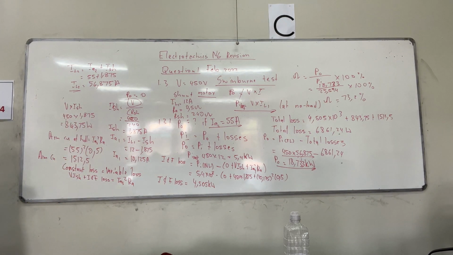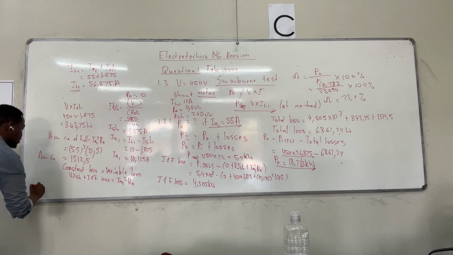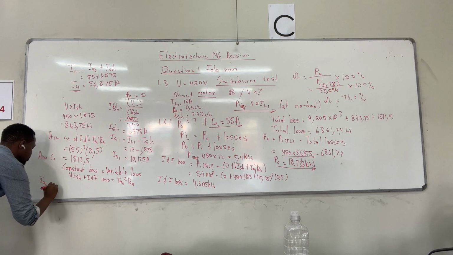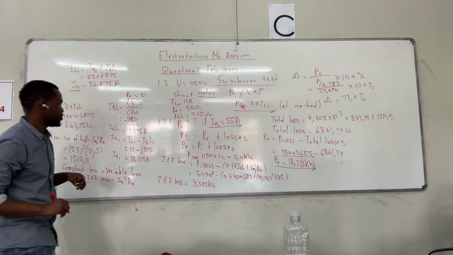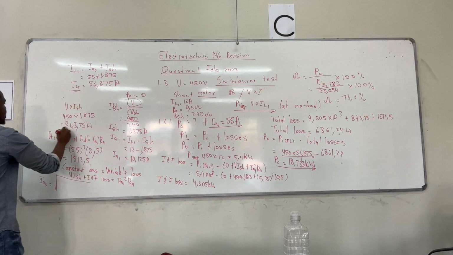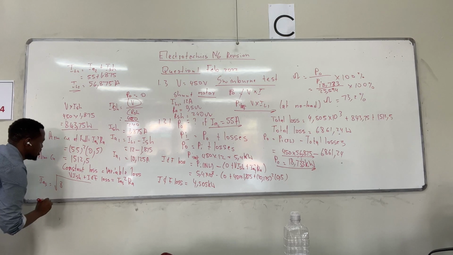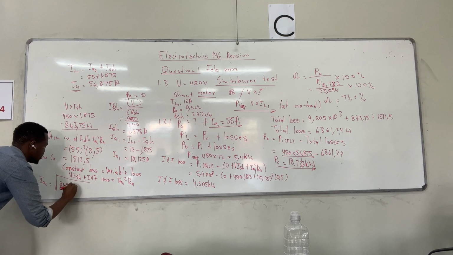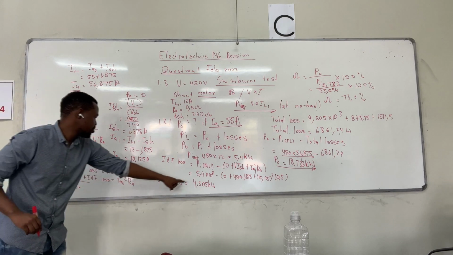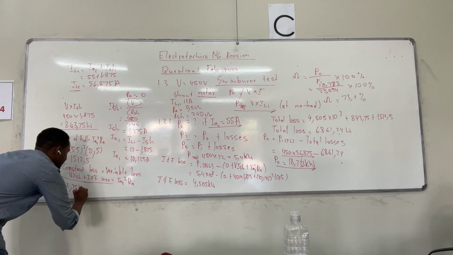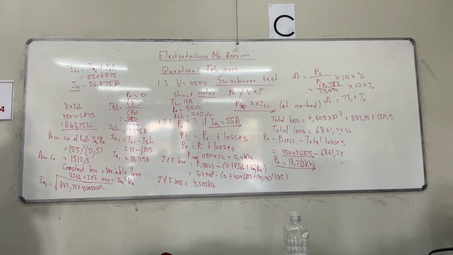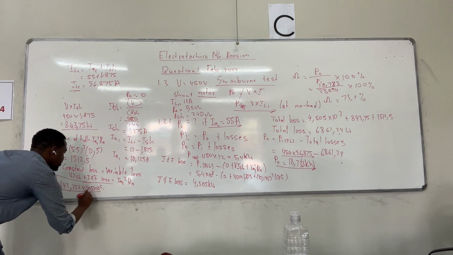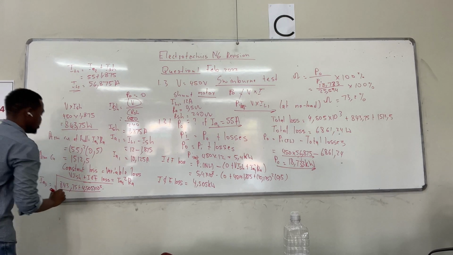Basically what we want is IA3. So IA3 is equal to the square root of the shunt copper loss, 843.75, plus the iron and friction loss, 4.505 times 10 to the power 3, divided by RA, which is 0.5.